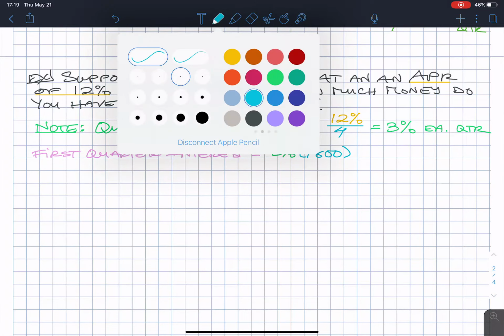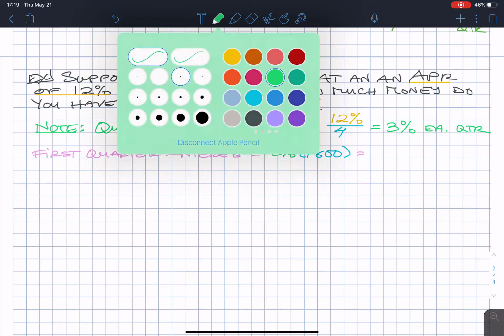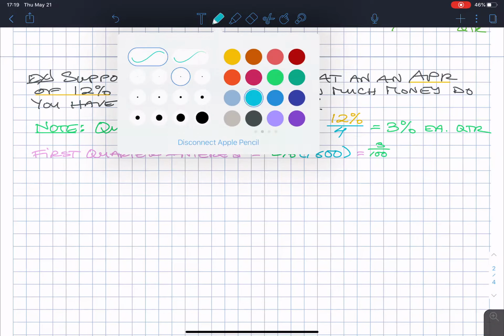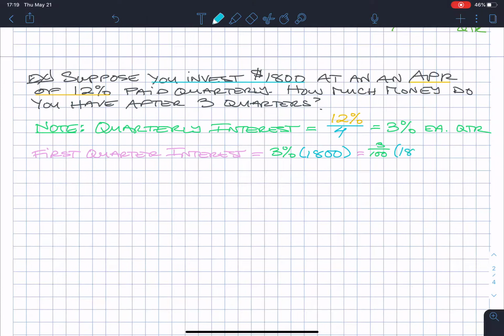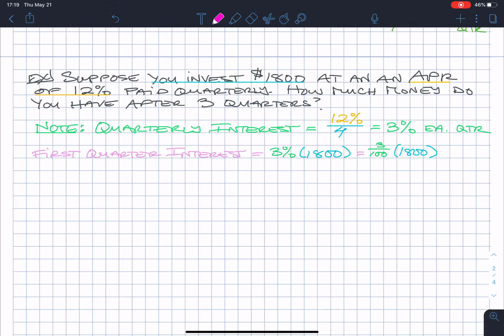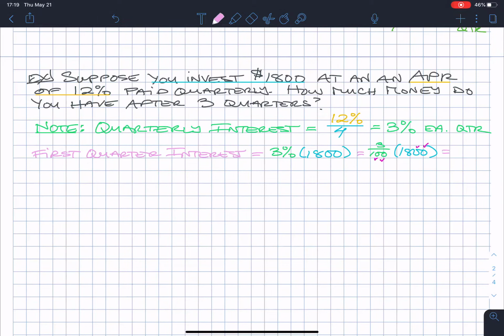Well, 3% means 3 over 100. So the 1,800, the 2 zeros reduce. So 3 times 18. Well, if it were 20, 3 times 20 would be 60, but I was too shy. 3 times 2 is 6. So 60 minus 6, looks like that's $54 interest.